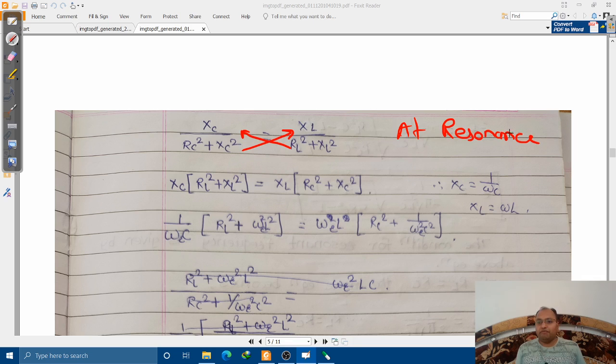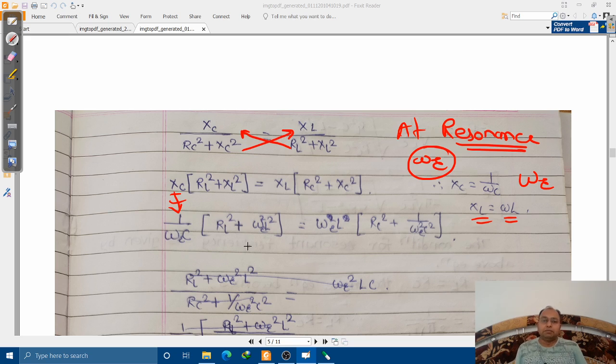So the frequency will have the suffix r for resonance. XC is nothing but 1 upon omega C, and XL is nothing but omega L. So wherever omega is there, you have to write the suffix r. That is the important thing you need to remember here. So XC we have replaced by 1 upon omega C, but omega will have suffix r because this is the condition at resonance.